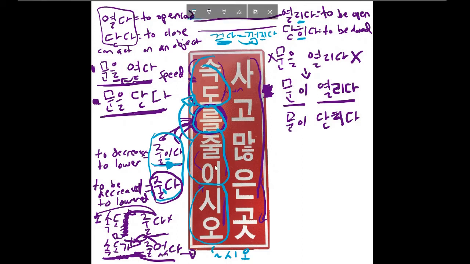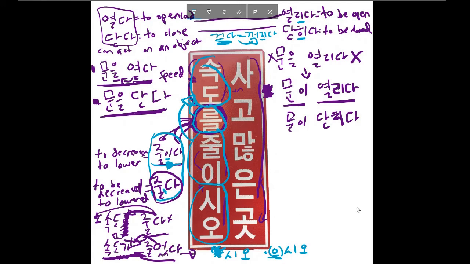If the verb ended in a consonant, you would have to add this as well. Sorry, let me write that somewhere else. You could add this if the verb ended in a consonant, and you'd only add this if the verb ends in a vowel, which in this case is what we're doing.